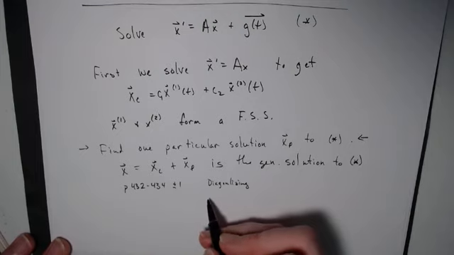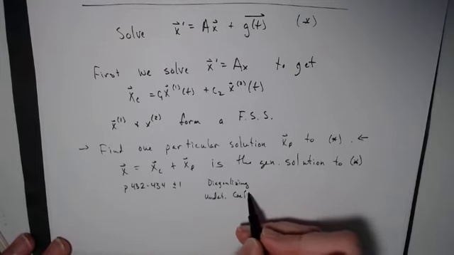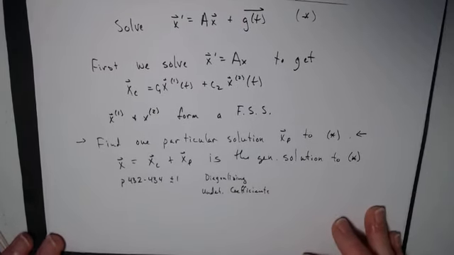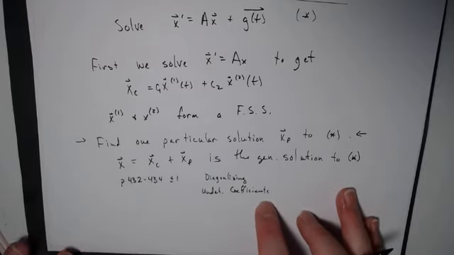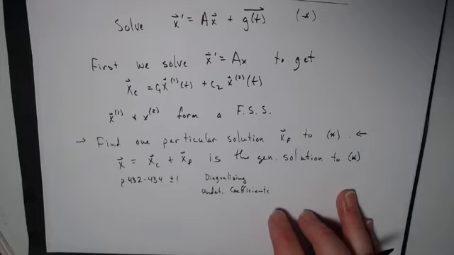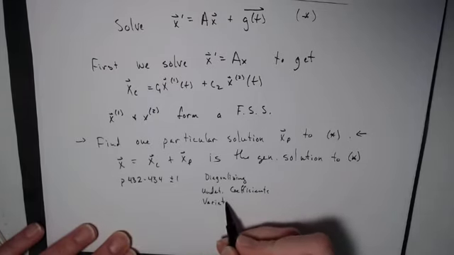We could do undetermined coefficients. That would also work, though we're going to get quite a system of coefficients for that, typically. The method I'm going to show you is variation of parameters.